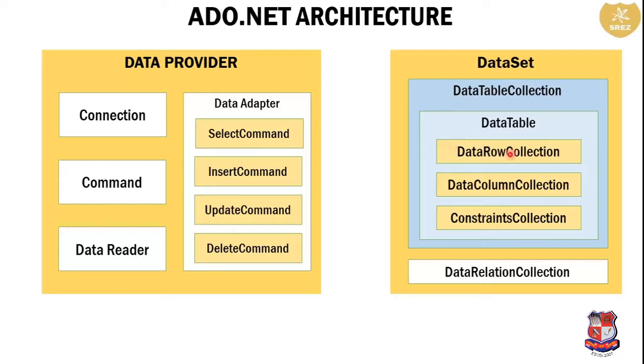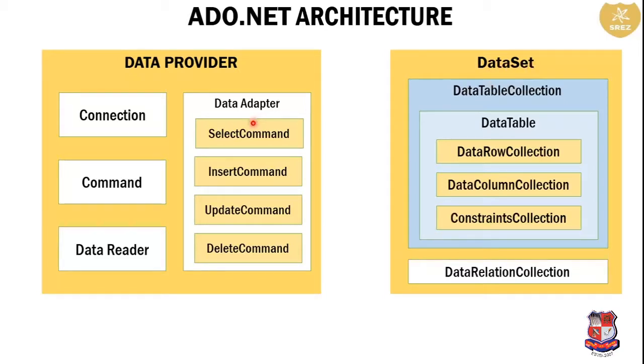First we have the row, then the column, then some constraints. They combine to form the data table. Many tables combine to form the data table collection, and if many tables exist, there will be some relation between them. Then both of these combine to form the data set object.